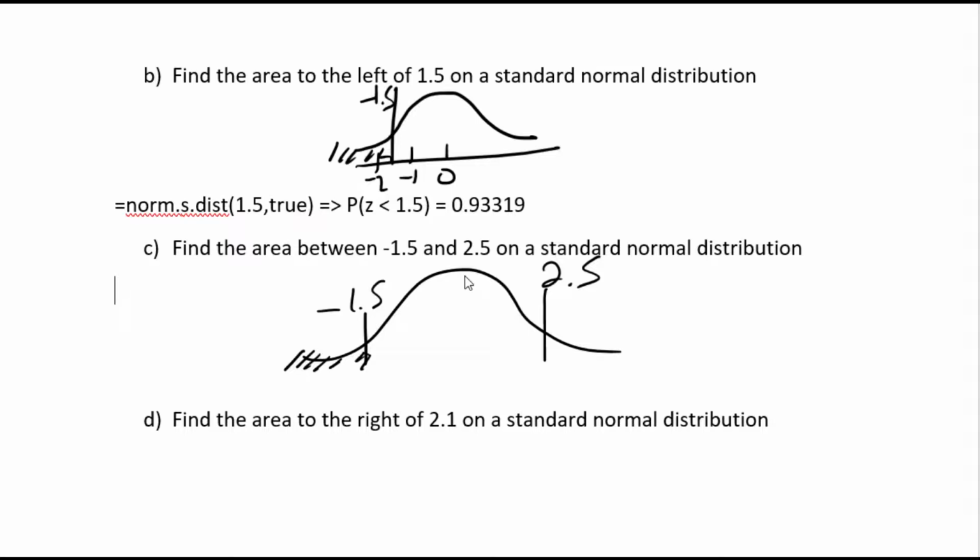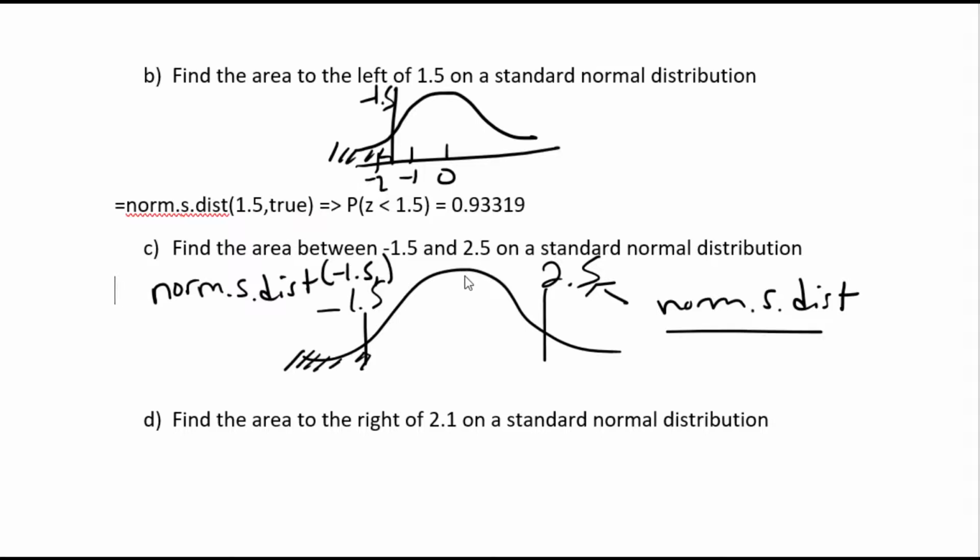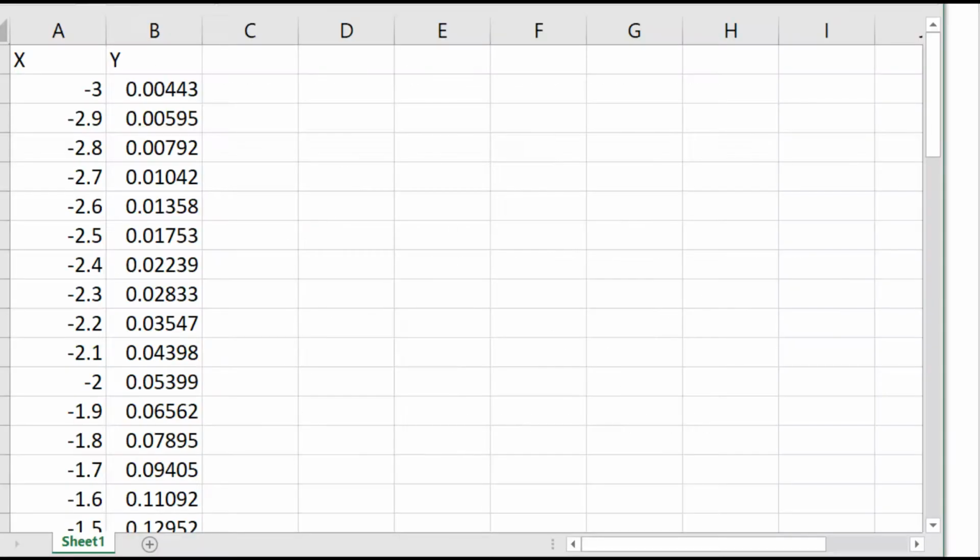We're going to use the norm.s function for -1.5, get the area to the left, and then subtract those two. We're going to do the bigger minus the smaller: the norm for 2.5, the norm for -1.5, then subtract them.